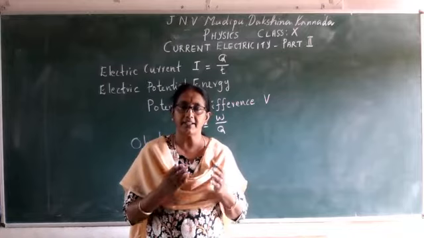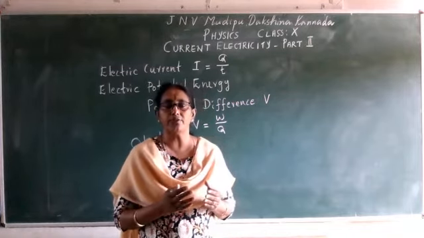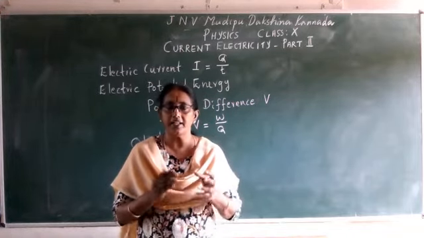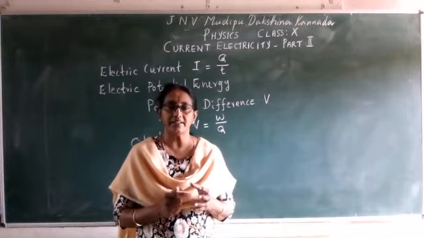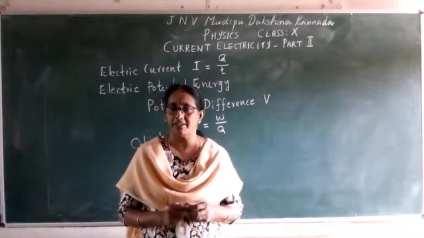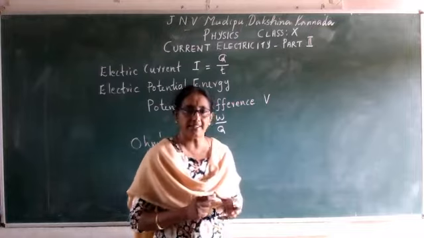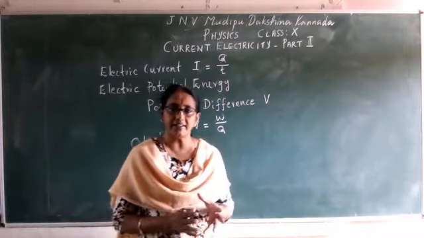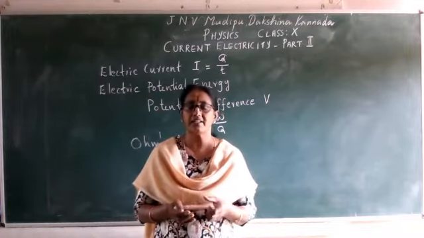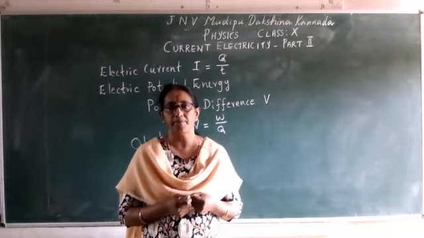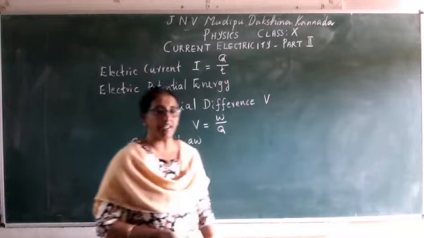So the basic necessity for current to flow through any material or in any circuit is to give a potential difference. This potential difference is given by sources like cells, batteries or any other power supply. So when you give potential difference, current will flow.